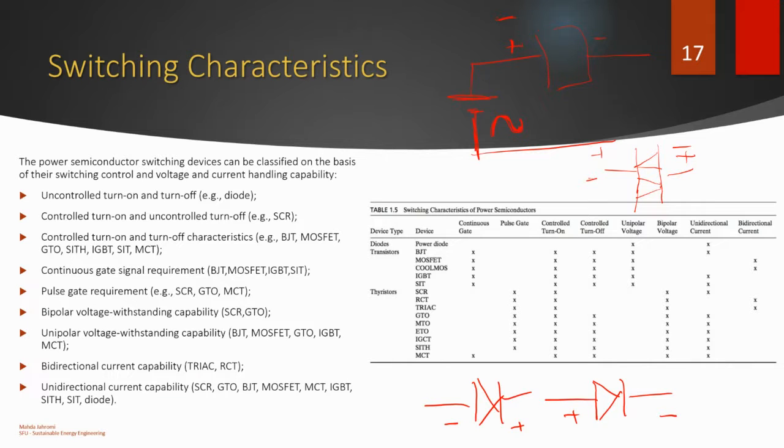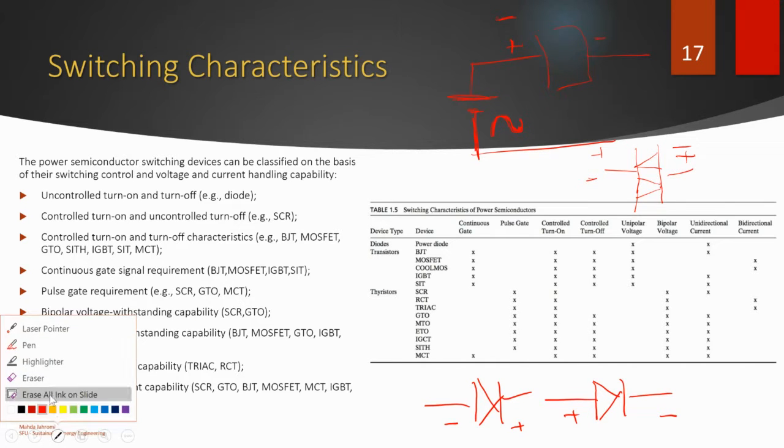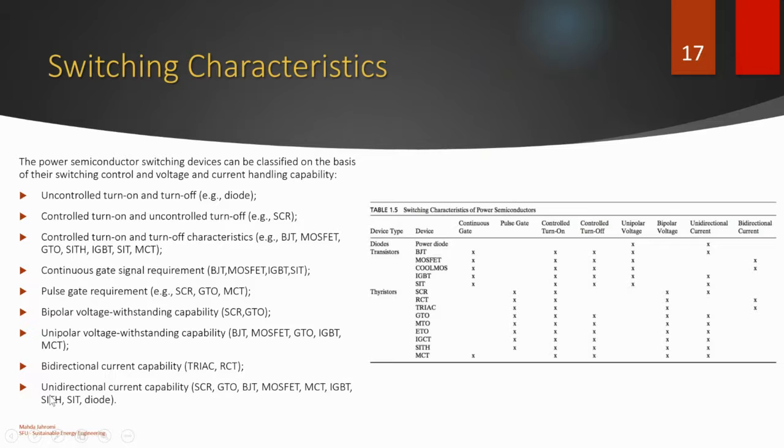Does it answer you? Yeah, and so does that mean if something operates on unipolar voltage, it will have unidirectional current? No, it doesn't necessarily have unidirectional current. But why? Because the voltage will be just in one direction, so why will the current go in the other direction then? Remember, we have 4 quadrants, right?